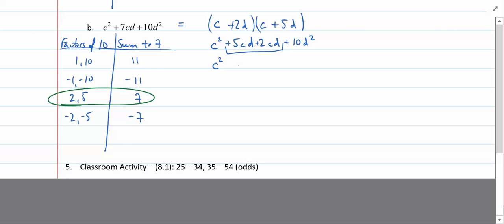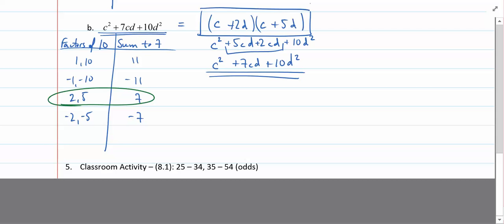And we're left with c squared plus 7cd plus 10d squared, which matches the original trinomial that we had at the beginning of the problem. This tells me that the pair of binomials that we selected here at the top is correct for the factored result of the original trinomial.